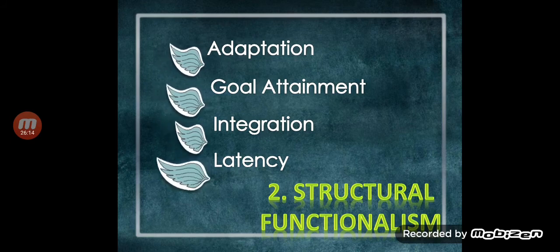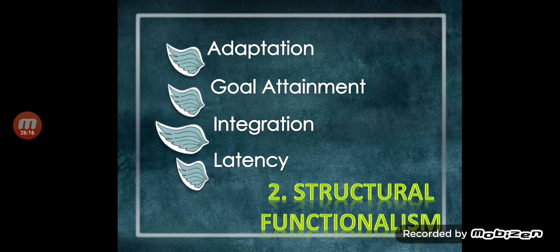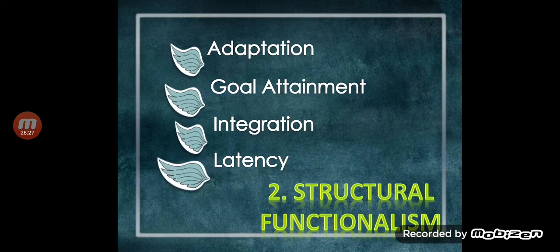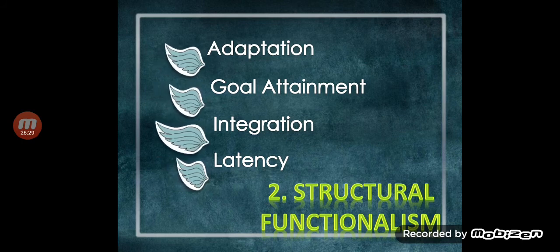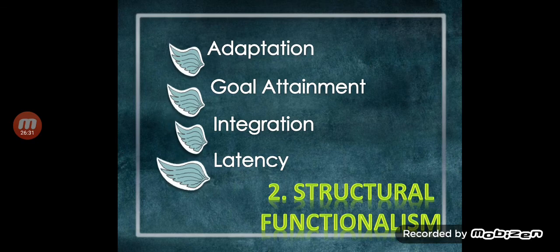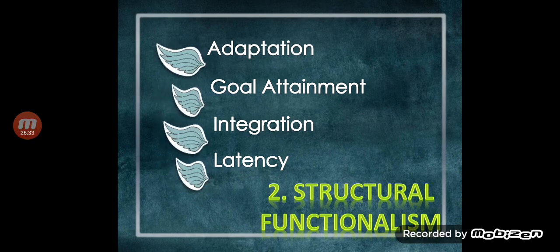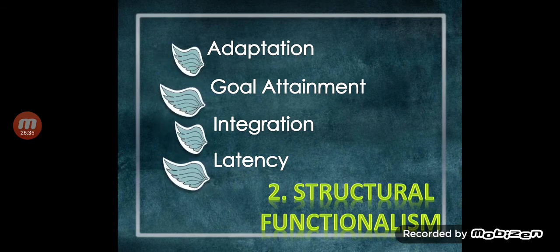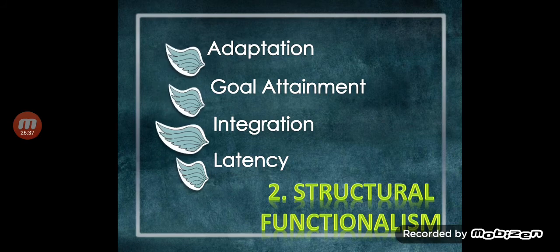So I said these are imperatives, and when we say imperatives, they are really needed in order for action systems to function. So I repeat, adaptation, meaning you have to cope with your external exigencies. Goal attainment, you have to define your primary goals.